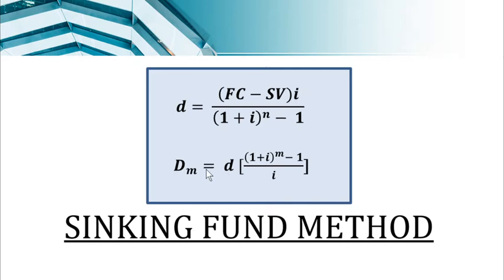Then solving for the total depreciation or the accumulated depreciation, we have annual depreciation, yung D na maliit, multiplied by 1 plus I raised to M minus 1 over I. So ito yung makakatulong sa inyong formula kapag gagamit kayo ng sinking fund method. And huwag kalilimutan yung formula ni BV, yung first cost minus DM.